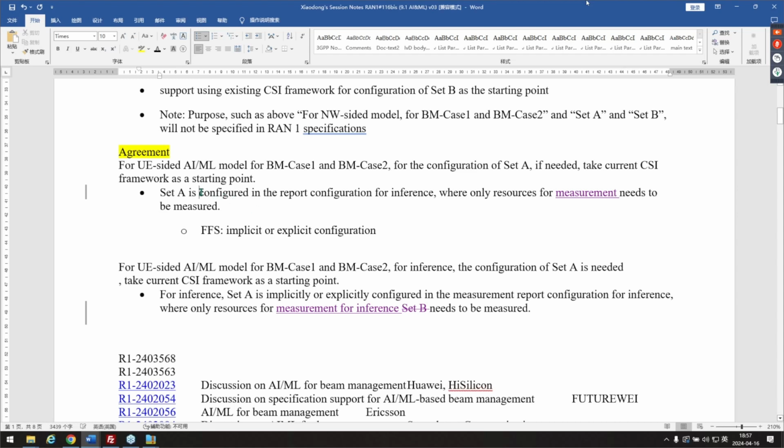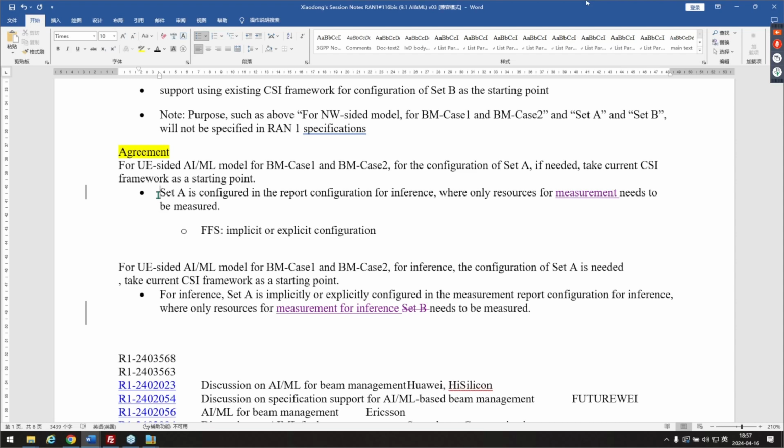I want to keep that open. Keep both open, or just the explicit open? Both. That is FFS, right? No, but the point is, in the report, set A may not need to be configured. Let's click the more comments.